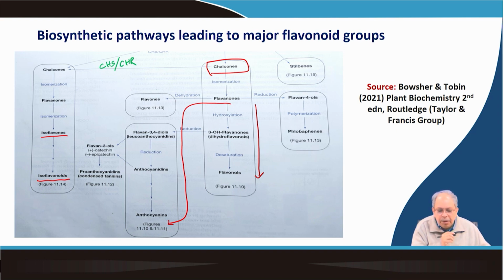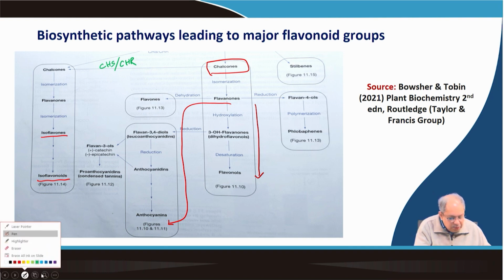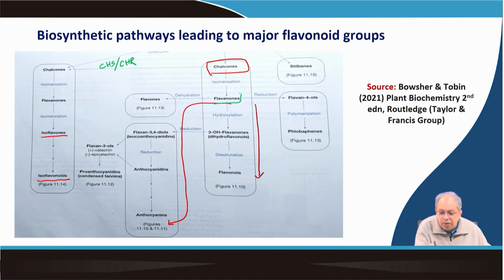So, first the chalcone will be converted into flavanones, and this step is called isomerization.